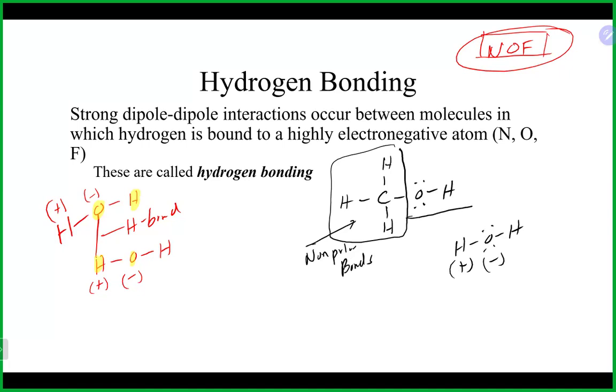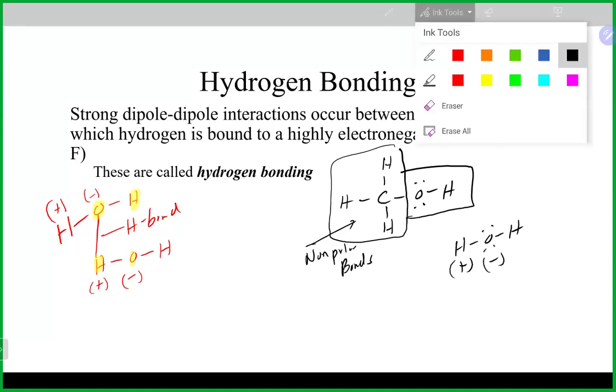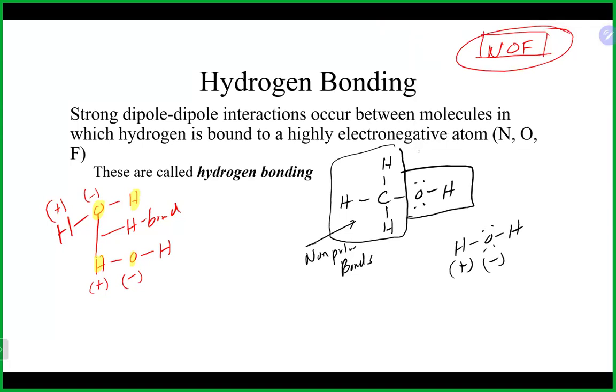But it does have this bond over here, which is definitely polar, and that is going to create the negative on the oxygen and positive on the hydrogen. That's going to allow it to hydrogen bond with water, and that's going to make something like methanol soluble in water, because it has the ability to hydrogen bond with it. Again, it's able to hydrogen bond because our hydrogen here is directly attached to an oxygen.